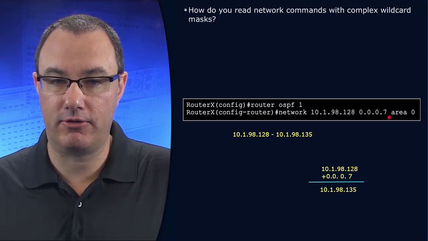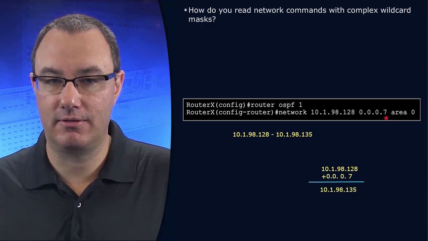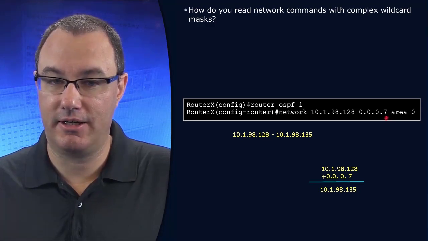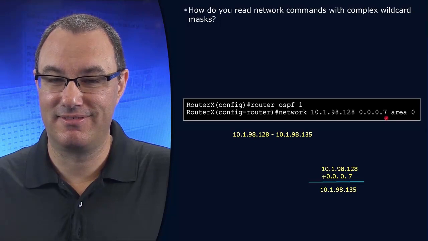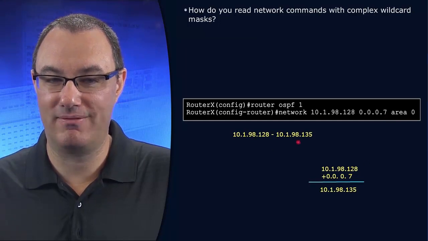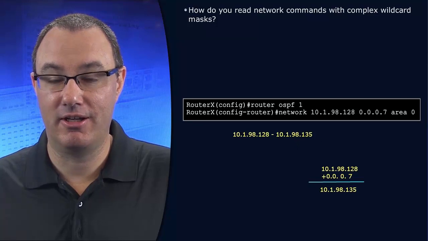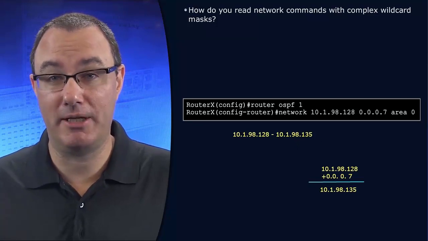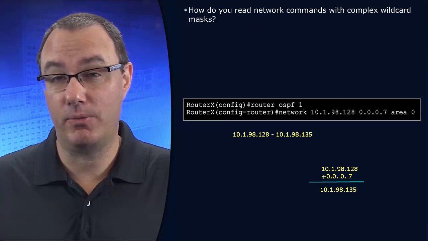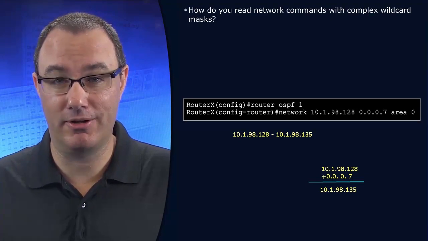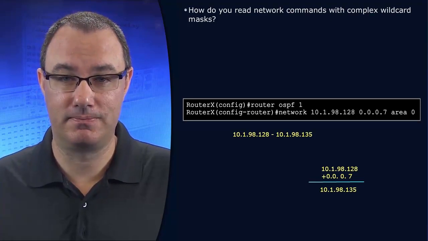So the challenge was, what do we do with the .7? And the solution is figure out the end of the range, work out that entire space, and then do maybe a show IP interface brief and find what local interfaces on that router fall within the range.